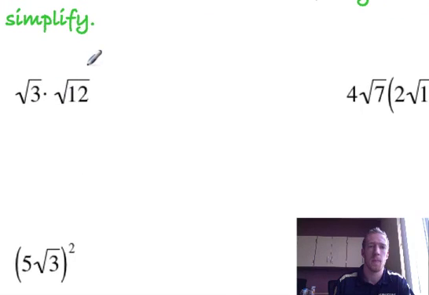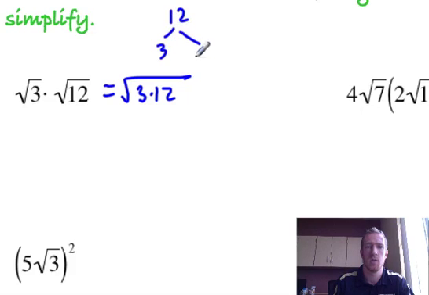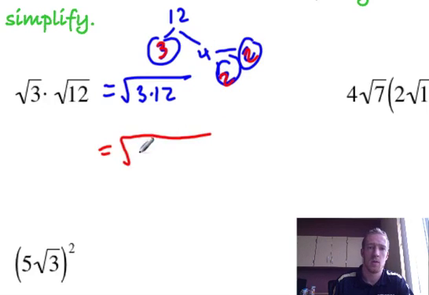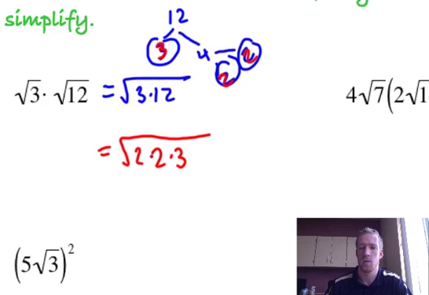We got, this is the square root of 3 times 12. And 12 is equal to 3 times 4, which is 2 times 2. So I'm going to write these in order. These are going to be the 2 times 2 times 3. That's from the 12. So 12 is equal to 2 times 2 times 3, and then this 3 is still there.